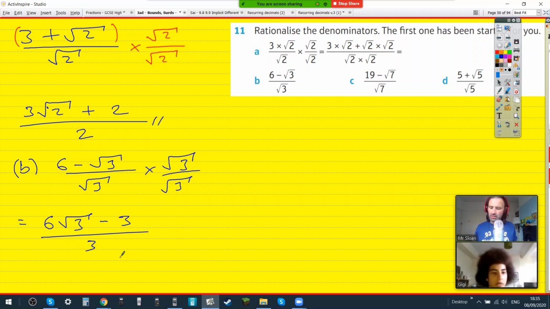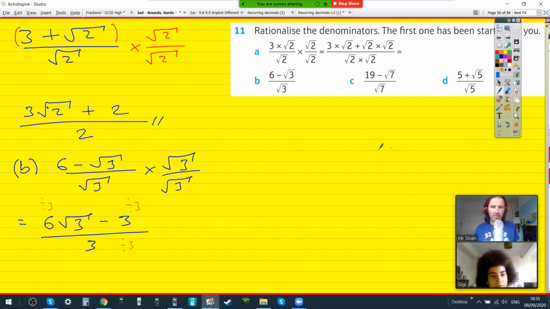Or what you would get? 6 root 3 over 3. You can divide everything by 3. So you can divide the top and bottom by 3, and because they have a plus or minus in between, you do it to everything.